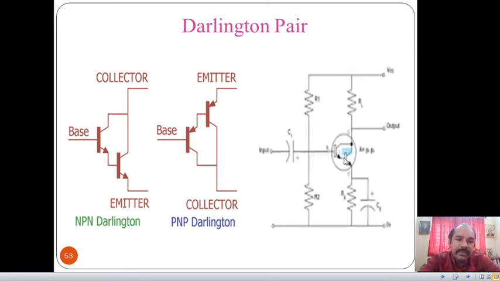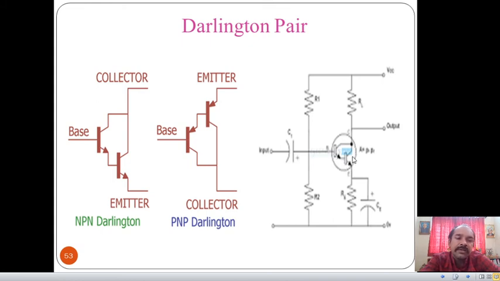One more thing that we can see: in the voltage amplifier, the transistor we used was a single transistor, and here the transistor is in a Darlington pair, which means the current capability of this transistor has been increased by this connection.